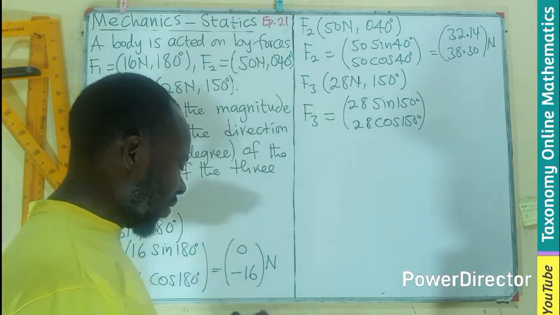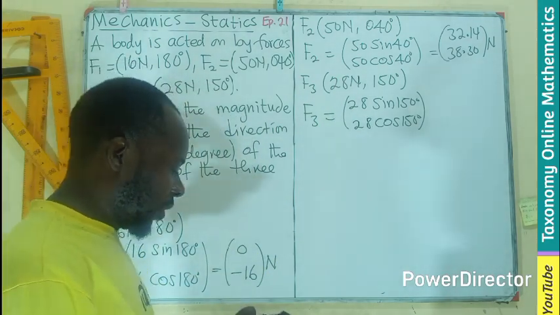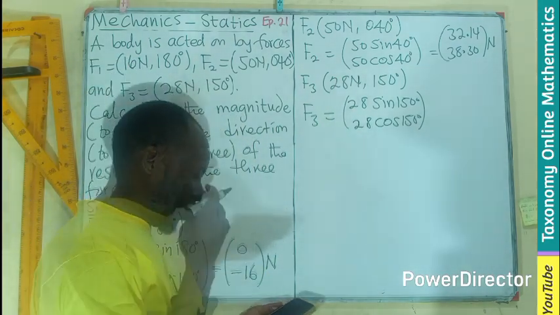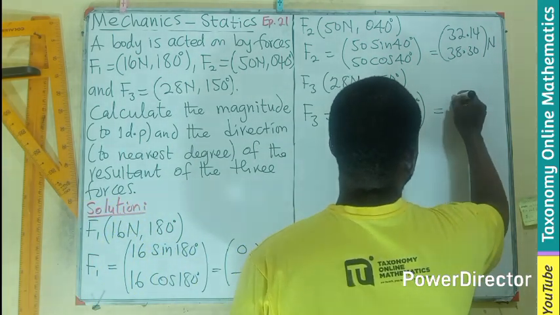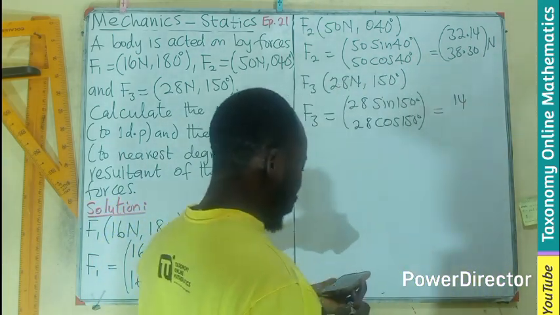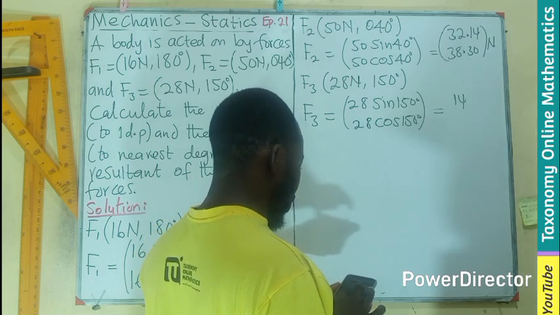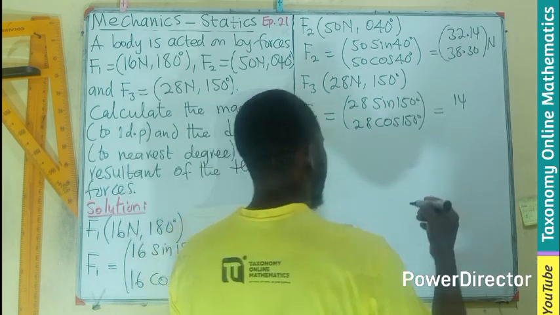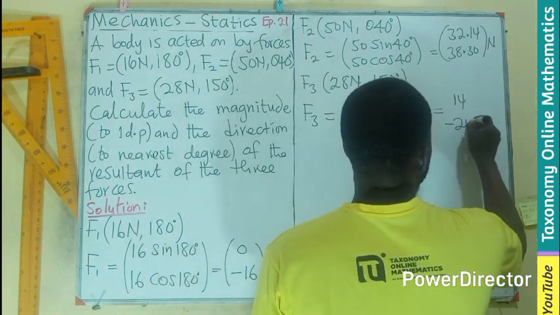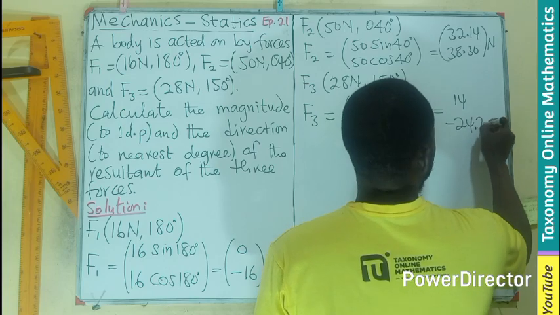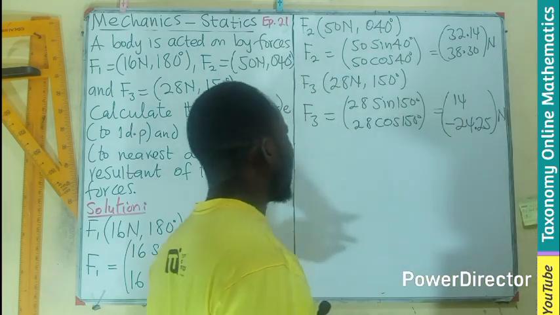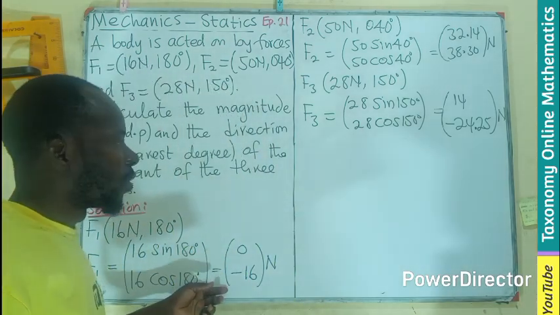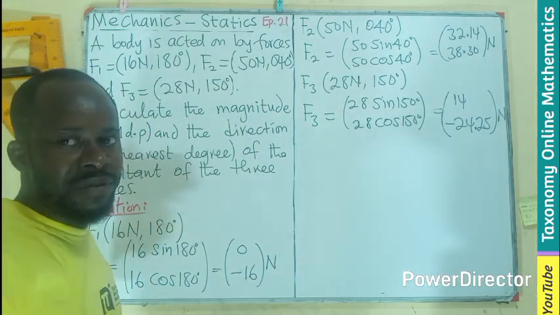Let's resolve that on the calculator. 28 sine 150 gives us 14 on the x component. Then on the y component, we have negative 24.25, also in Newton. So we have all the three forces resolved in vector form.